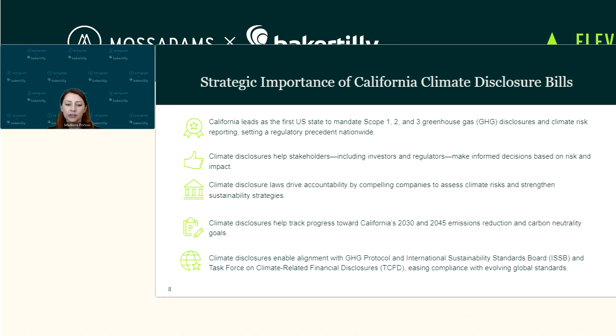As climate regulations continue to evolve globally, these requirements set a tone for companies operating in California to align with recognized and industry-accepted reporting standards. Overall, you can think of these bills as the start of a movement that other states are trying to follow, but also as representing the larger phenomenon of voluntary reporting, where companies feel the need to tie their financial performance to climate and environmental risks.